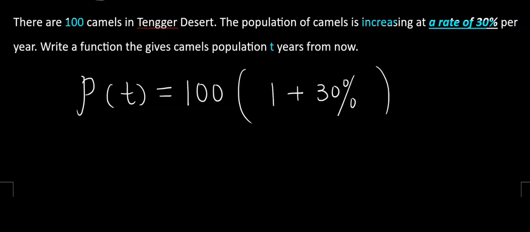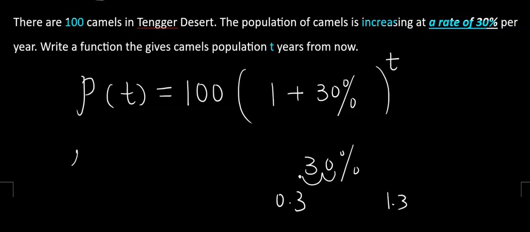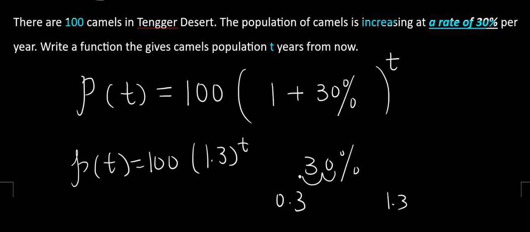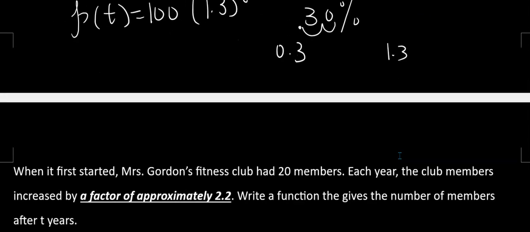You can leave it as it is. You can say 30%, move it once, move it twice, and stop. That's 0.3. Add 1, that is 1.3. And the t years, you can put a t here. So let's write another one. You can write down like this.